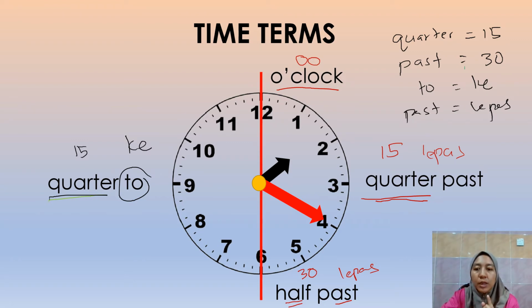Macam tadi saya cakap, kita akan how to read time. Kita start with hour followed by minute. Okay, kita tengok short hand merujuk kepada jam 1. Kita tengok minit, minit dia merujuk kepada 4, 20. So, what time is it?